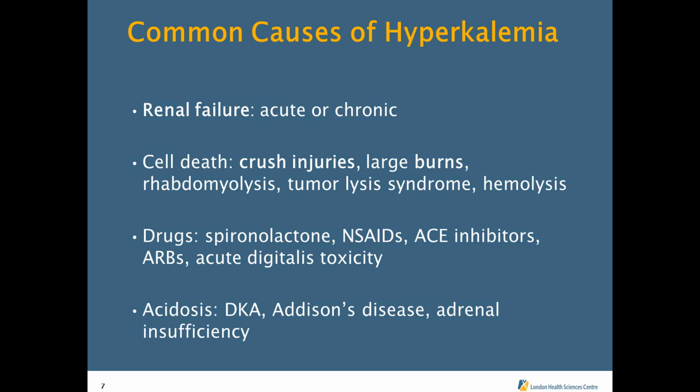Acidosis is a final common cause of hyperkalemia, and that can be seen in DKA, in Addison's disease, and adrenal insufficiency. So as I said, the most common cause of hyperkalemia that you'll probably see will be in your chronic kidney disease or dialysis patients, but for patients that may have other risk factors, certainly something to keep in mind.